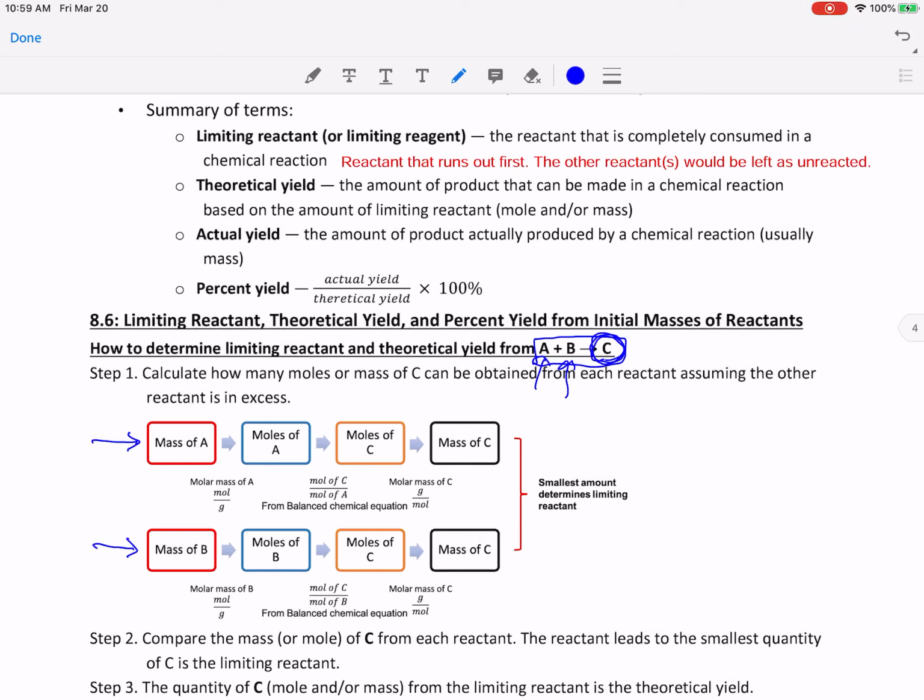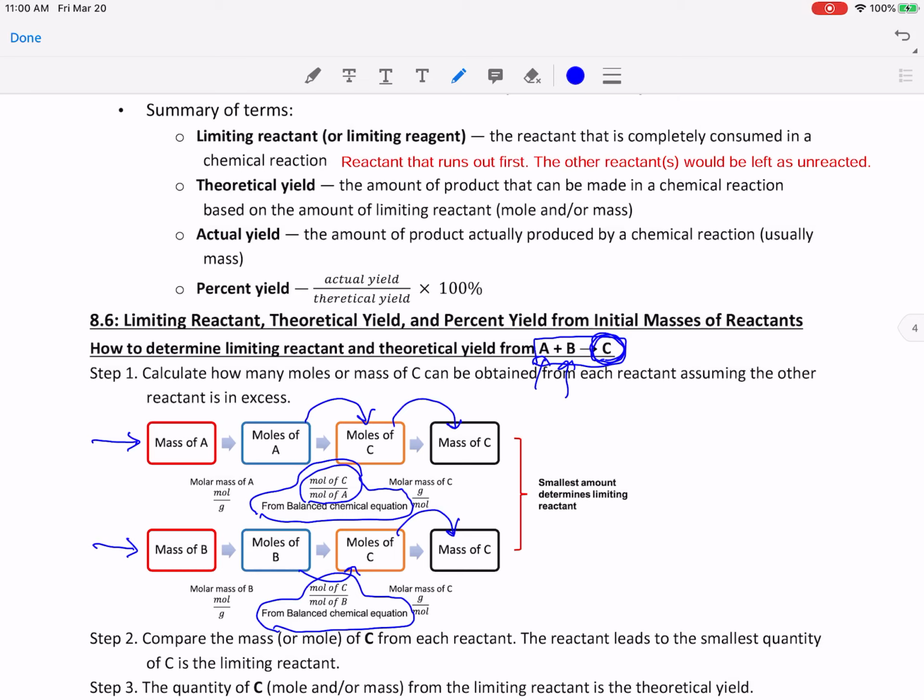So from the balanced chemical equation, assuming this is 1A plus 1B is 1C, then the ratio of mole of C and mole of A is the conversion factor to convert mole of A to mole of C. Similarly, from the chemical equation, you find out the ratio of mole of B to mole of C. And if needed, you can calculate the mass of C by using the molar mass of C.